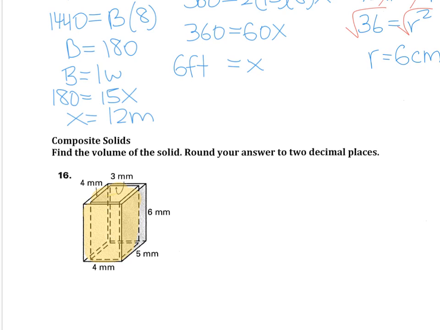Okay, so we have to find the volume of the outside and the volume of the inside and subtract them. So the volume of the outside is going to be area of the base times the height. Well, the base is going to be 4 times 5, and the height is 6.